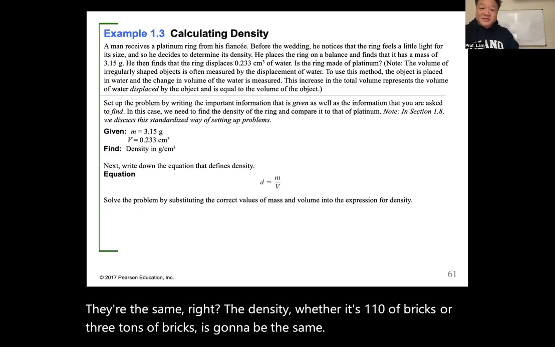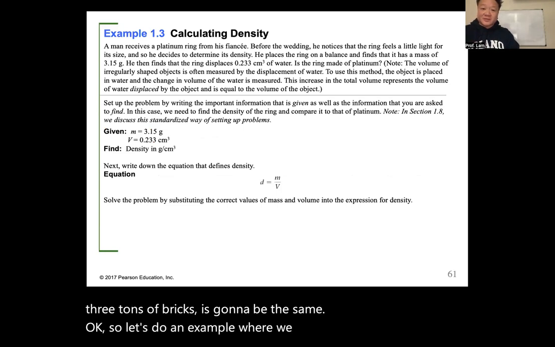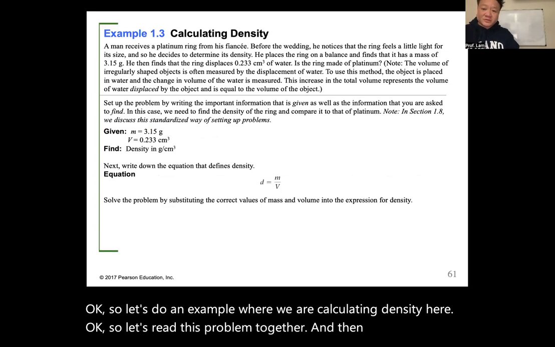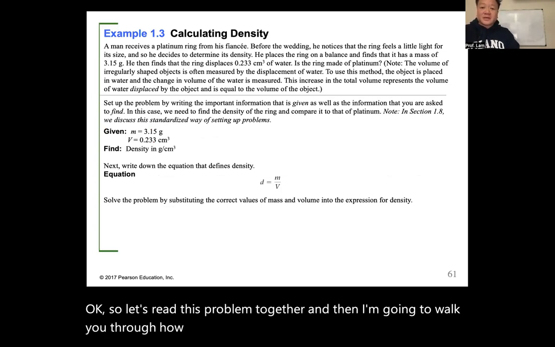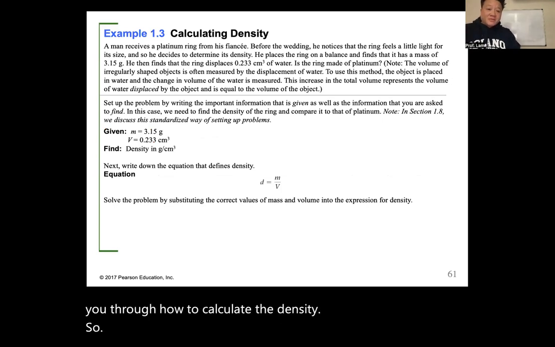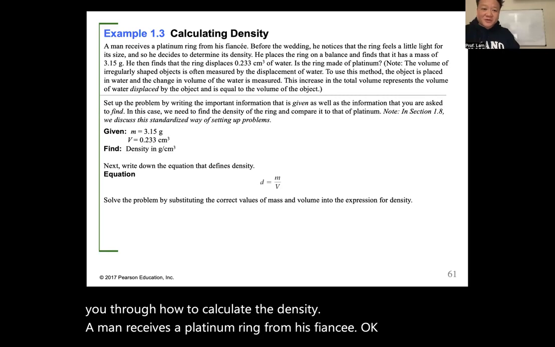Okay. So let's do an example where we are calculating density here. Okay. So let's read this problem together, and then I'm going to walk you through how to calculate the density. Okay. So a man receives a platinum ring from his fiance. Okay, I'm liking this, right? Very progressive, right?